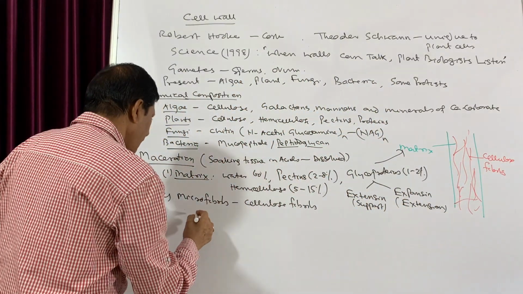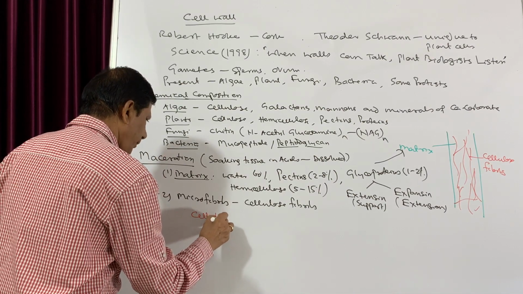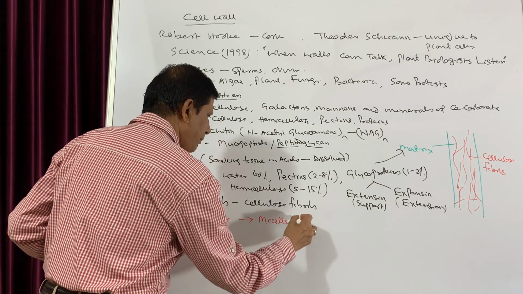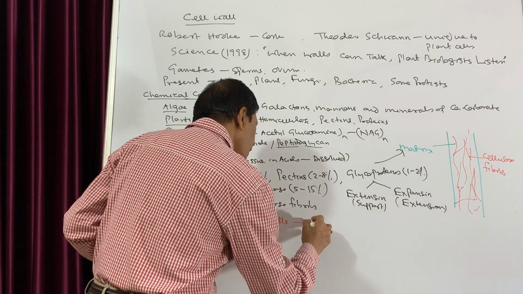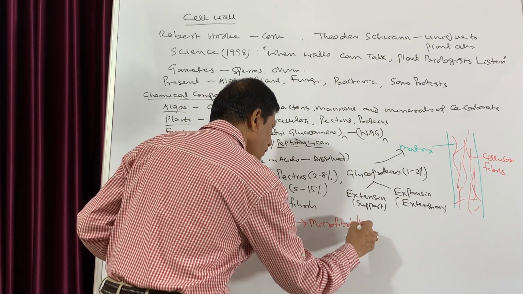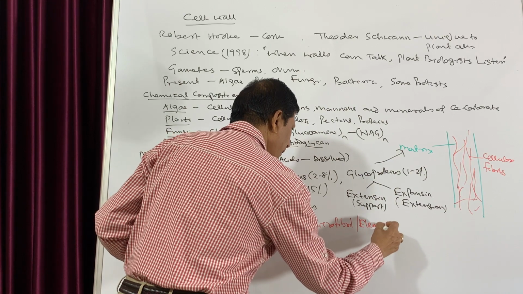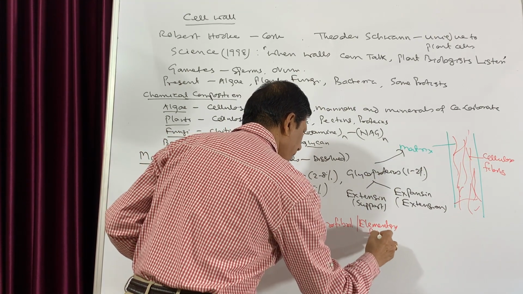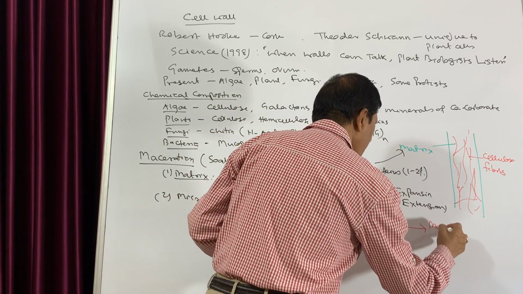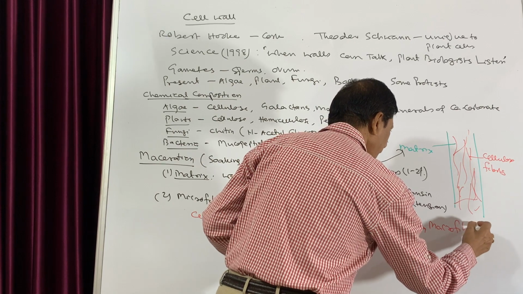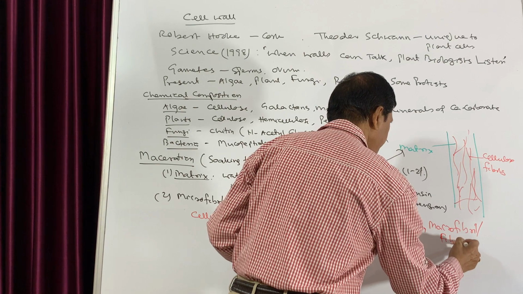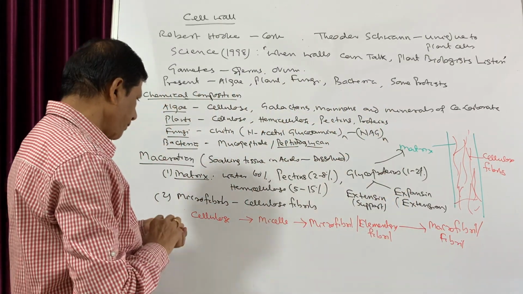That means this cellulose gives rise to a micelle, the micelle gives rise to a microfibril, also known as an elementary fibril, and the microfibril usually gives rise to a macrofibril, or simply we call it a fibril.